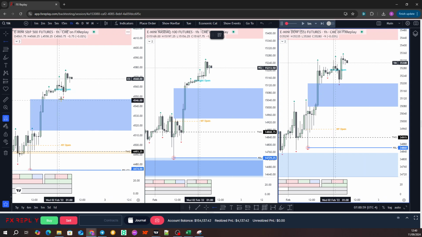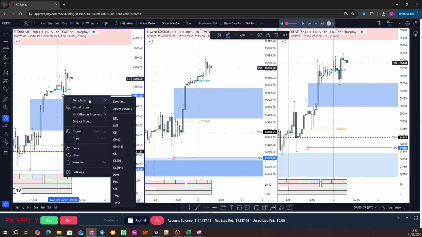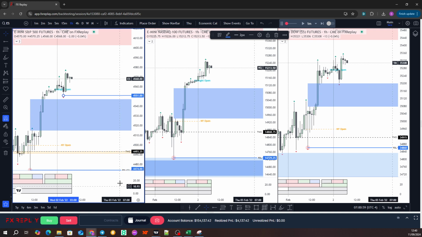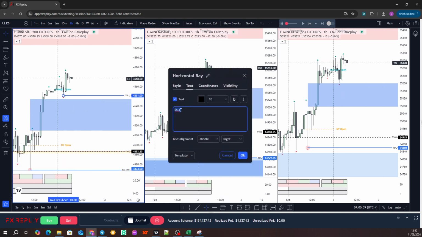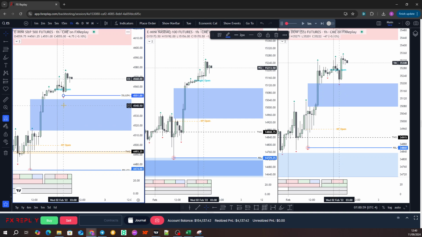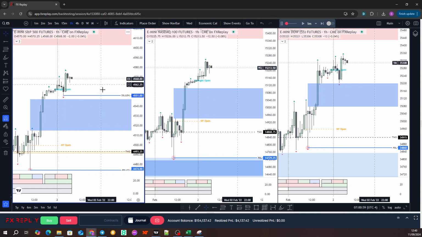Right, so start off at the lows. We've obviously got London low here. We want that annotated. Got a London high.